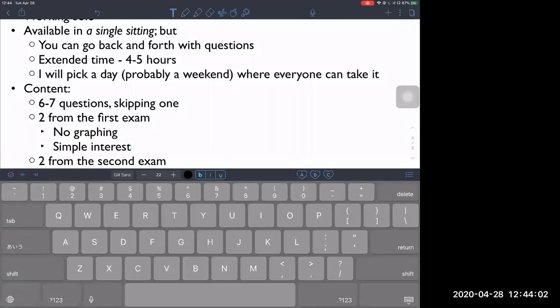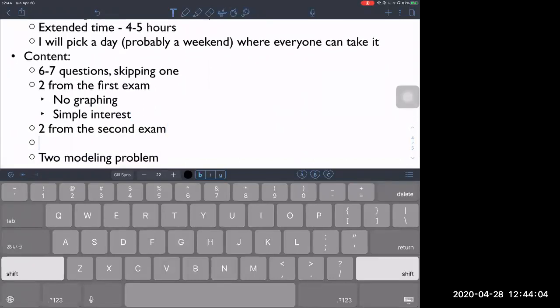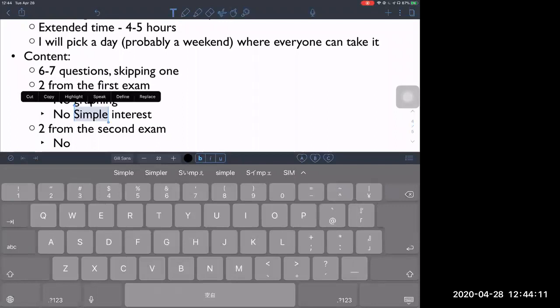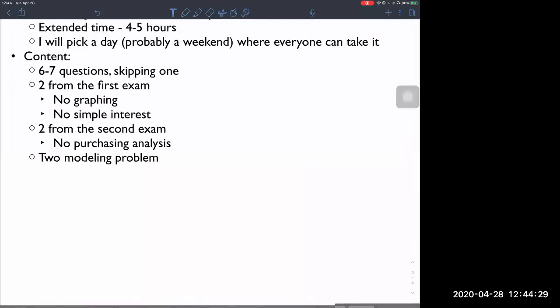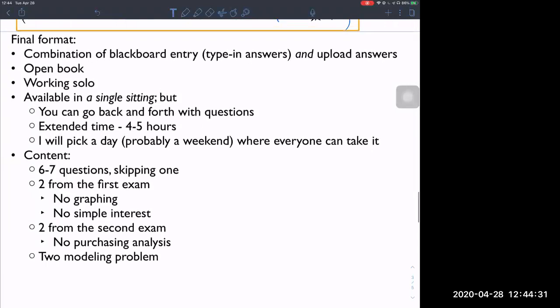From the second exam, there's no simple interest and no purchasing analysis, which means you have to make sure you know how to do an amortization schedule. That was the only other concept there. Let me lay this out for people so you can see it right there.